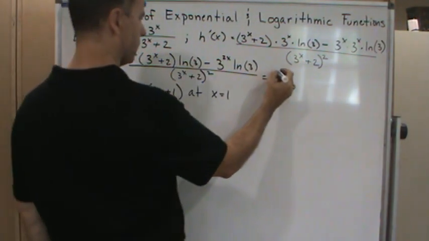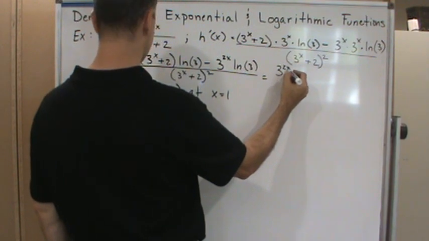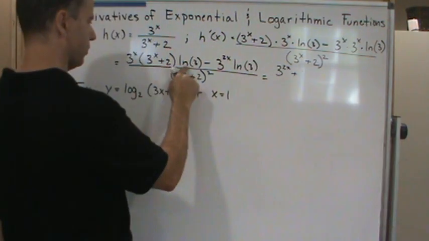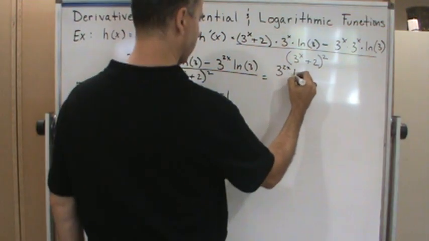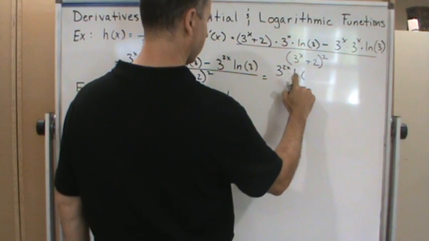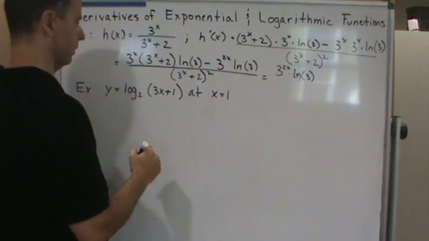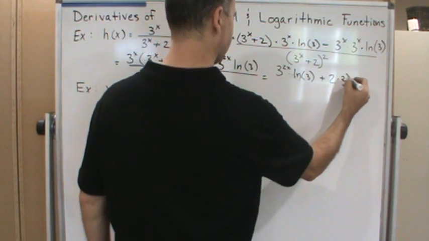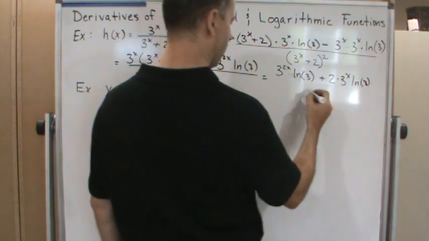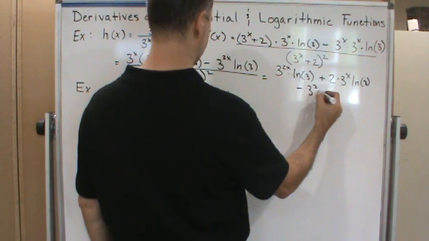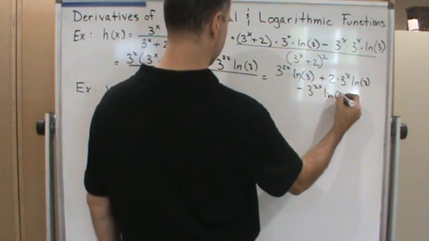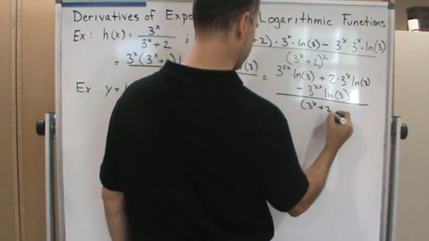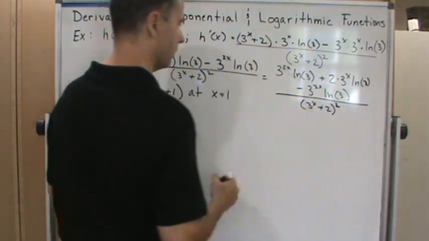We can distribute this, and this becomes 3 to the 2x plus, and then we can distribute this too, so we get 3 to the 2x times the natural log of 3 plus 2 times 3 to the x natural log of 3 minus 3 to the 2x natural log of 3 over 3 to the x plus 2 squared.